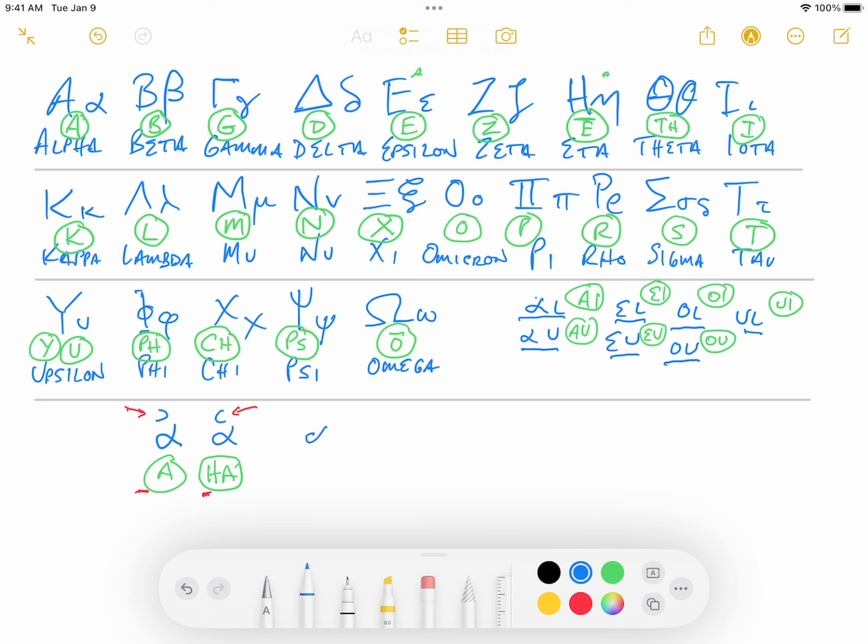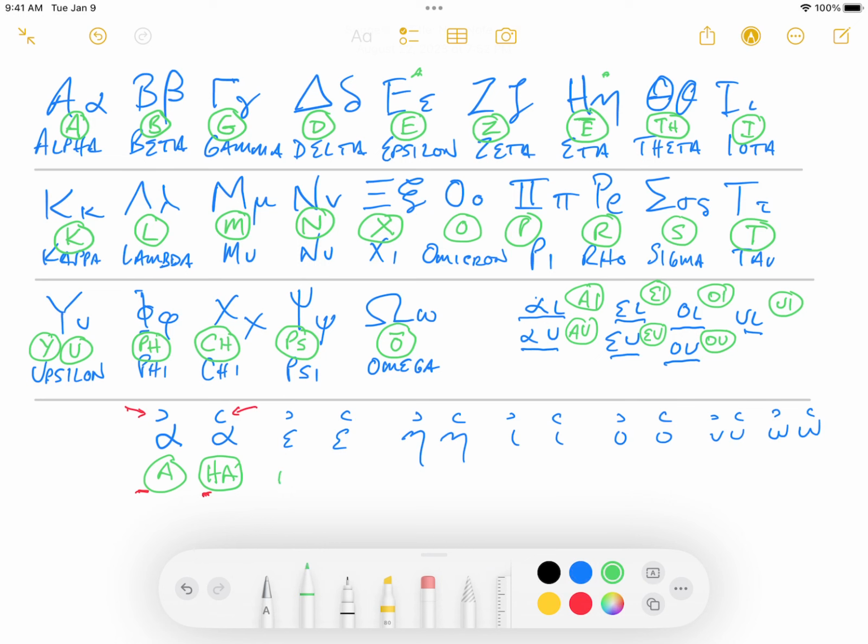So if we think, for example, about the next vowels, epsilon and eta and iota and omicron, upsilon, and omega, we can have smooth breathing and rough breathing on each of them.